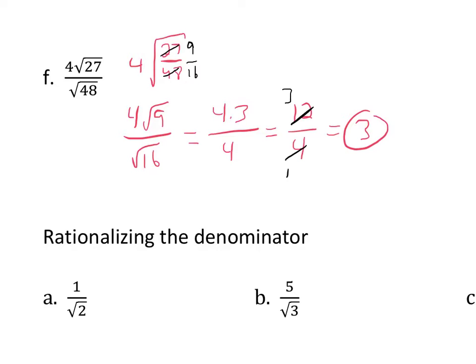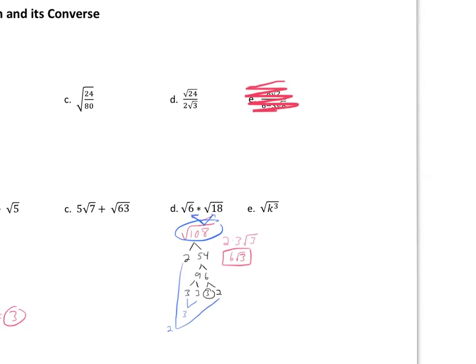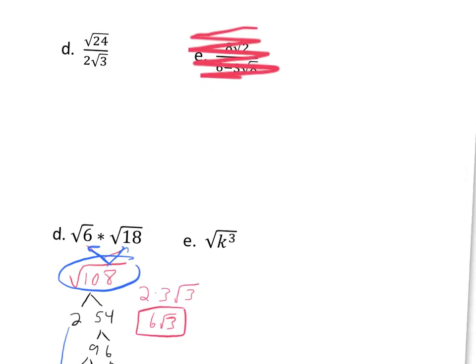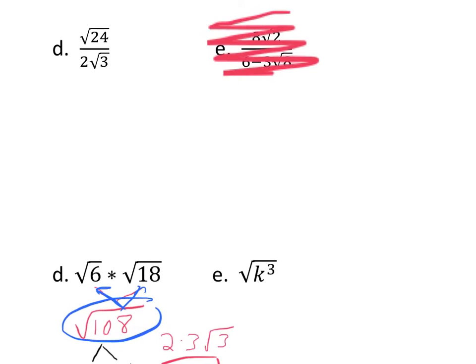Alright, so let's take a look at another division problem and see how this is handled. Now notice we have a number that's not in a root in the bottom. Well, we'll handle it the same way.